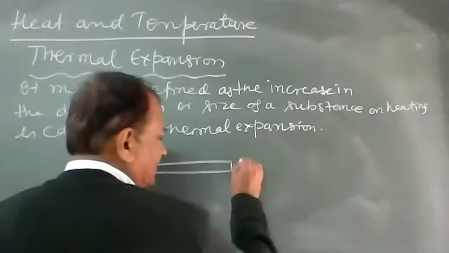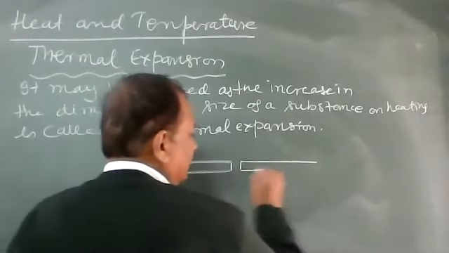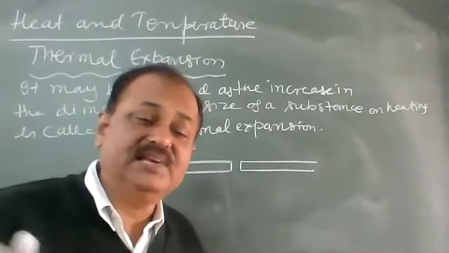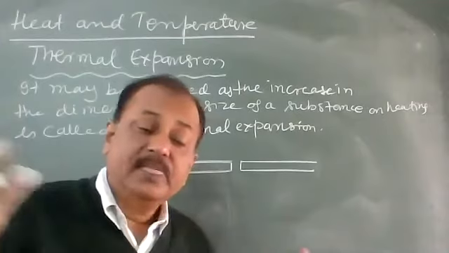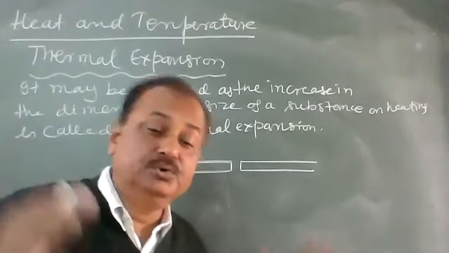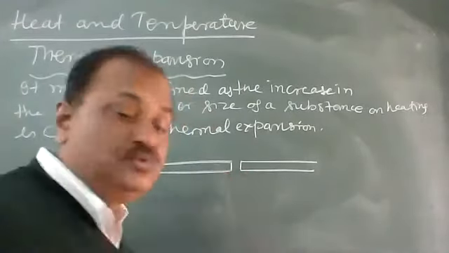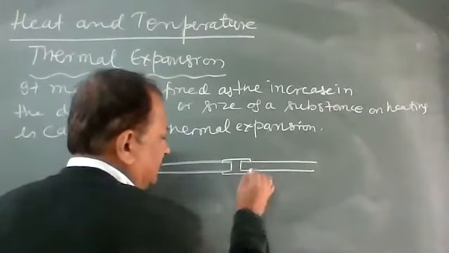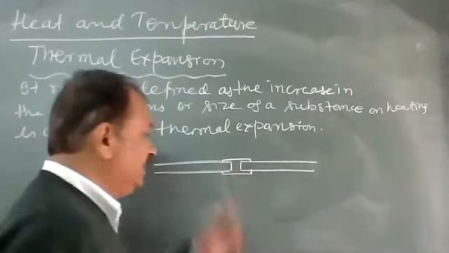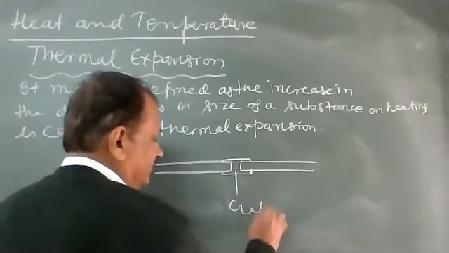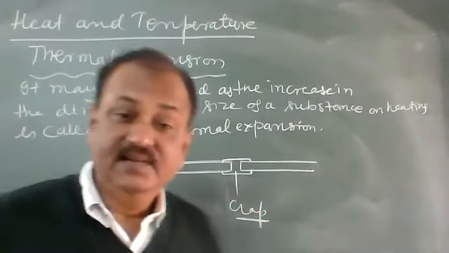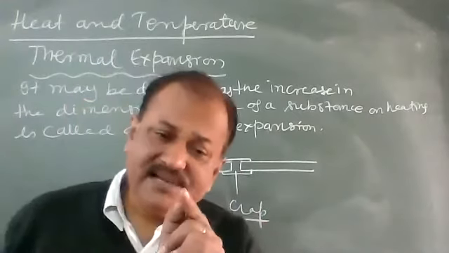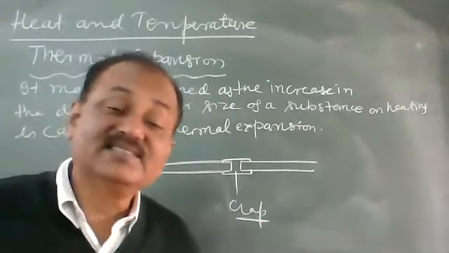The two railway tracks are joined, because it is not possible to manufacture a very huge track. They are joined using plates, and here a gap of calculated size is left.